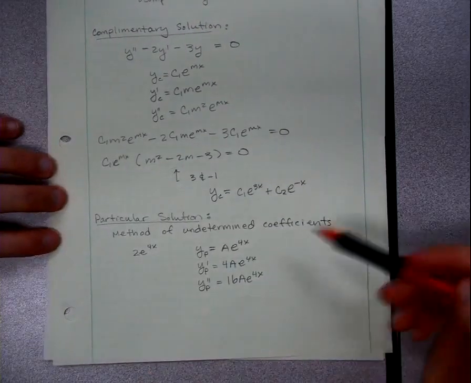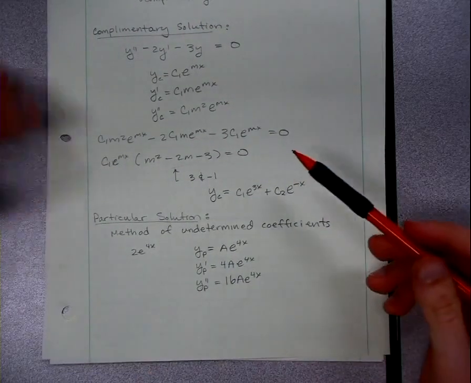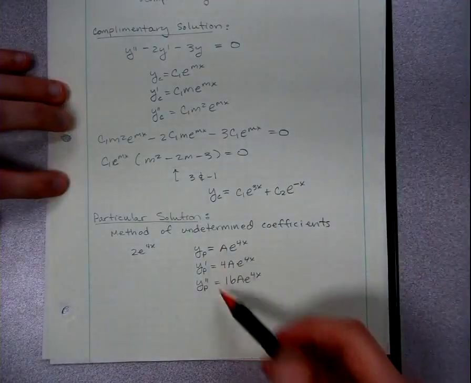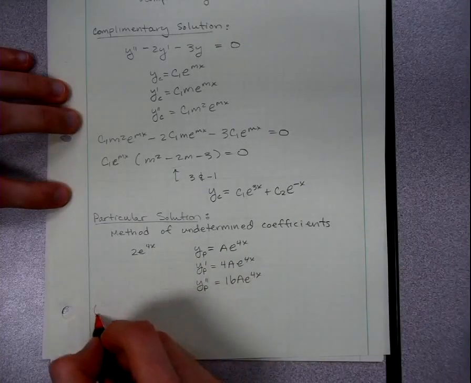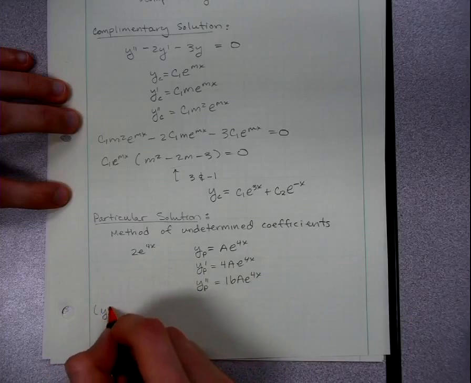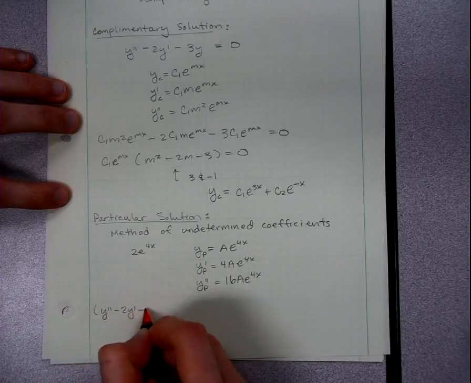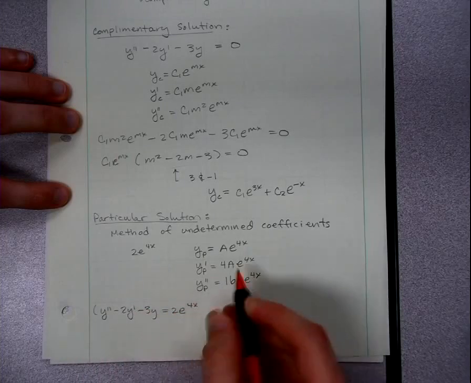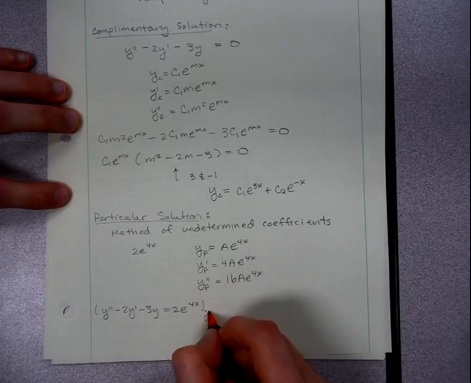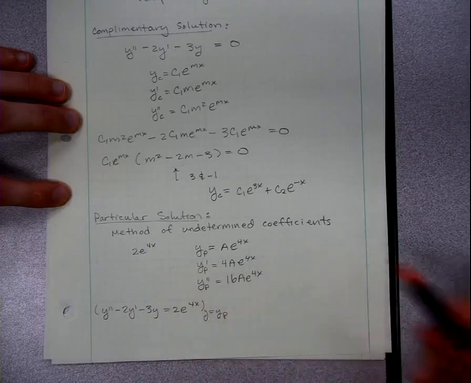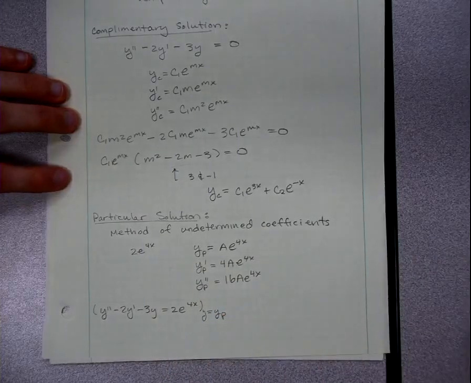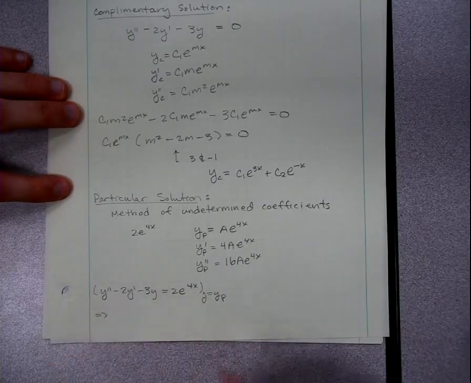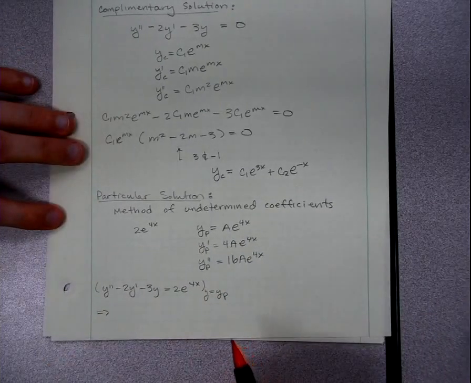Then we just plug this back into our equation and evaluate it. So I'm just going to write that y double prime minus 2y prime minus 3y equals 2e to the 4x. We're going to evaluate it at y equals yp.